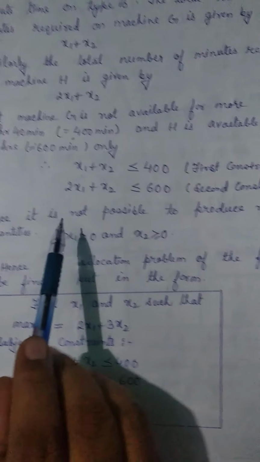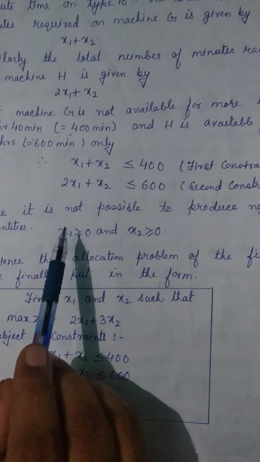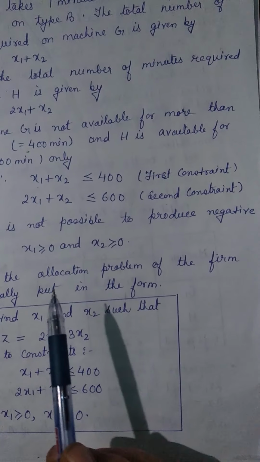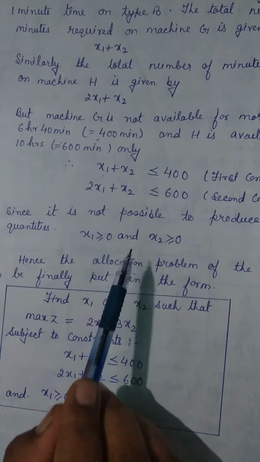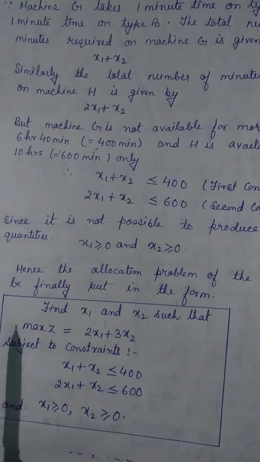Now, since it is not possible to produce negative quantities, so x1 and x2 is greater than equal to 0.